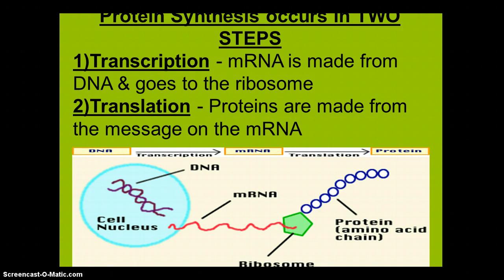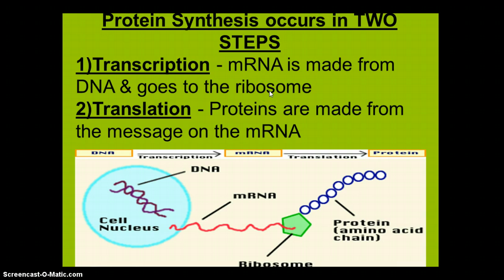And protein synthesis occurs in two steps. The first step is called transcription, and the second step is called translation, okay? So mRNA is made from DNA and goes to the ribosome, okay? Then we have translation, and this is where proteins are made from the message on the mRNA, okay?